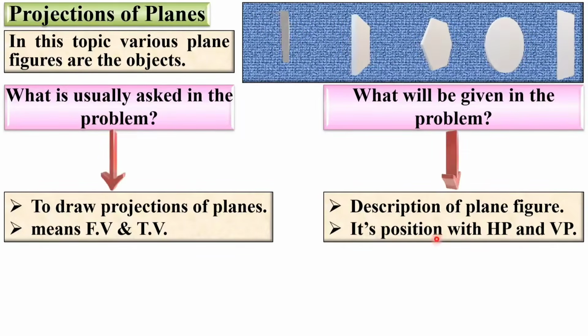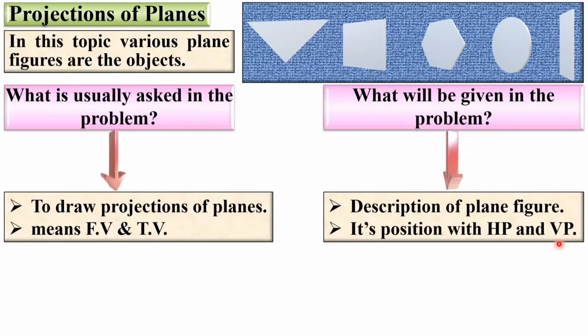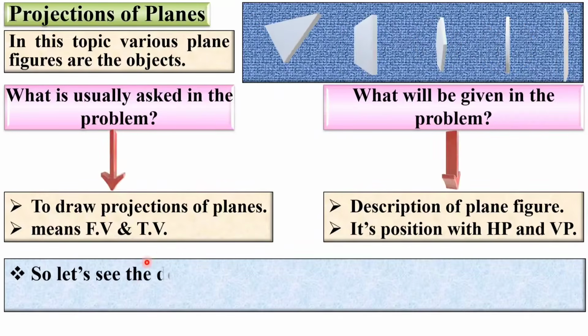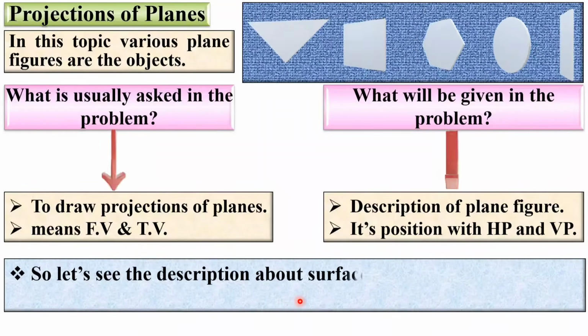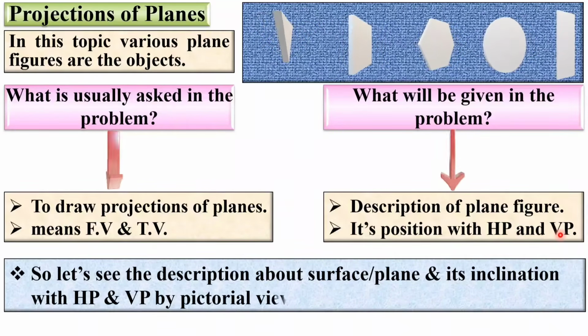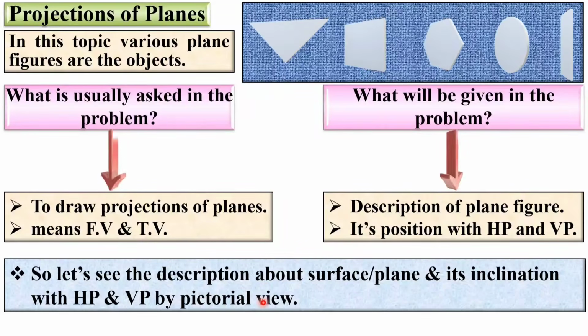So very simple, with the help of the position of the plane with respect to HP and VP, you have to draw the projection of that plane, that means the front view and top view. So let's see the description about the surface, or you can say the plane, and its inclination with respect to the horizontal plane and vertical plane by the pictorial view.